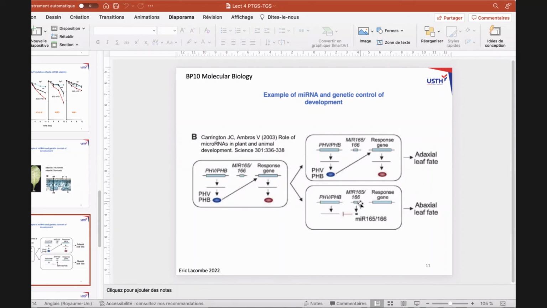So we have to think globally that the accumulation of mRNA is the result of the production, so the transcription of this mRNA, and the degradation. So you have to consider transcription plus degradation to know if the RNA is present or not. Is it okay or not?